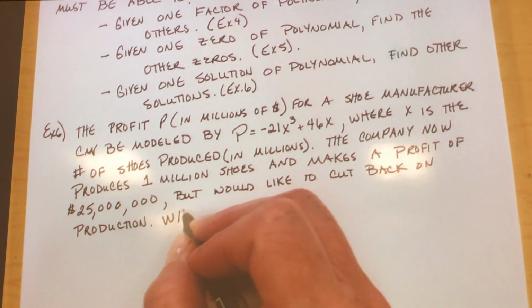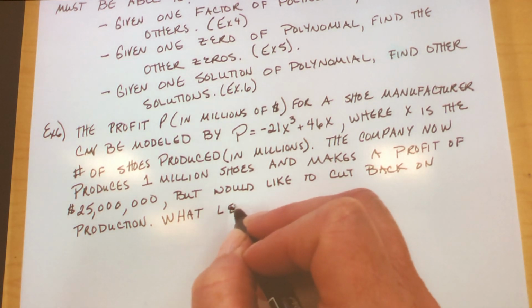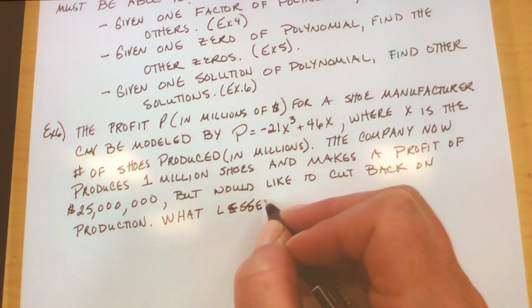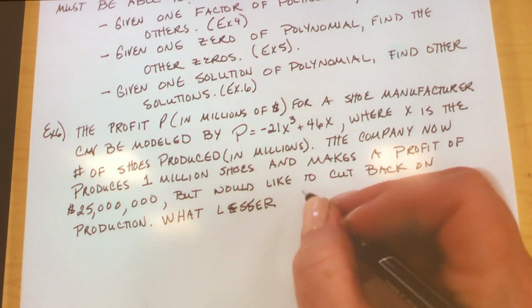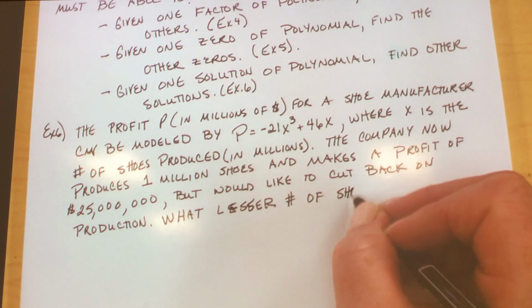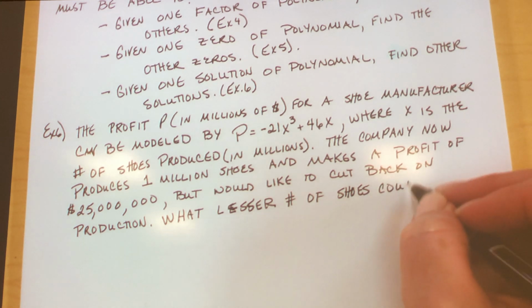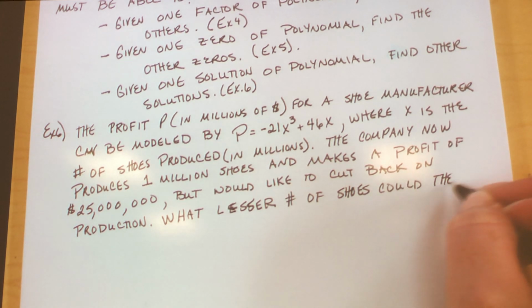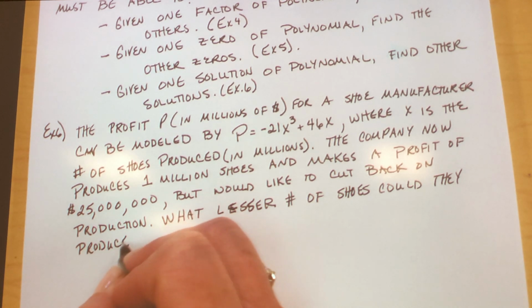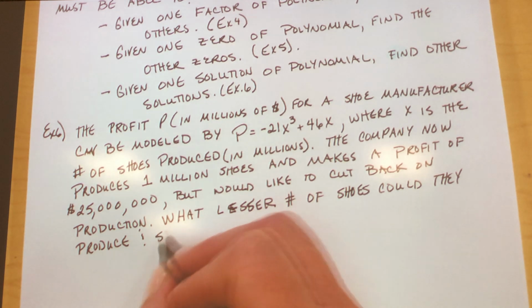What lesser number of shoes could they produce and still make the same profit?